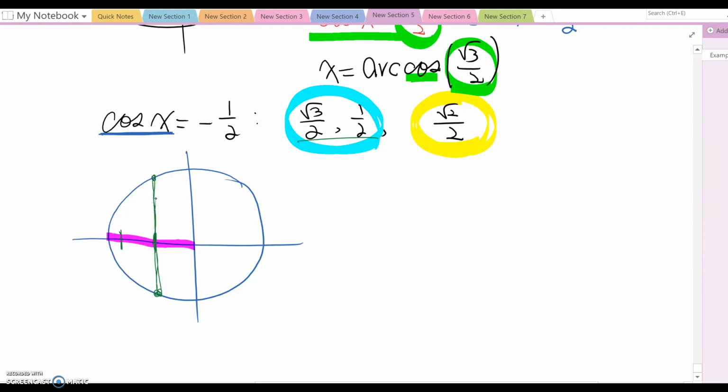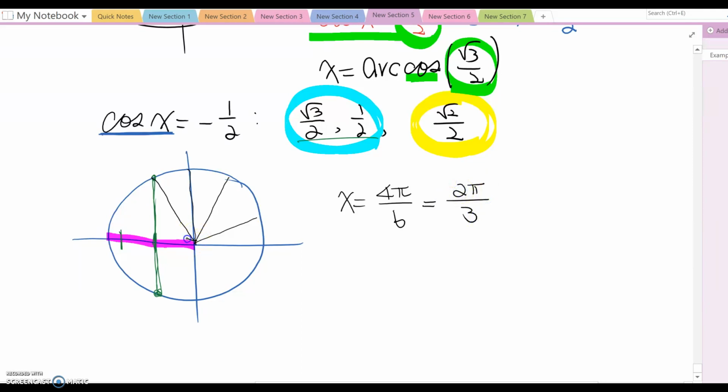Then let's count where it is. So 1, 2, 3, 4. So this angle is one of the angles, x equals 4 pi over 6, which means 2 pi over 3.